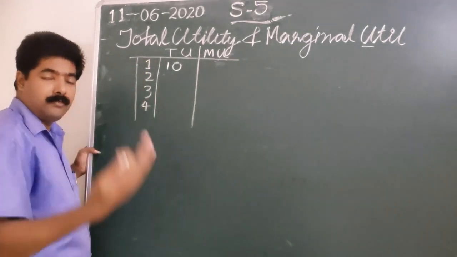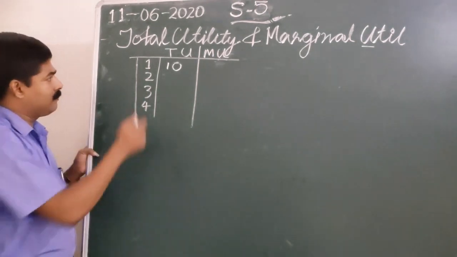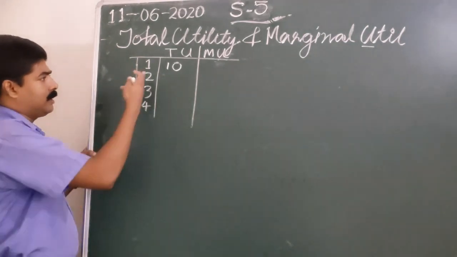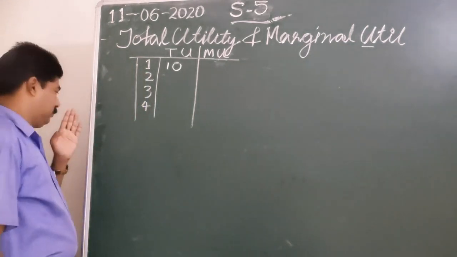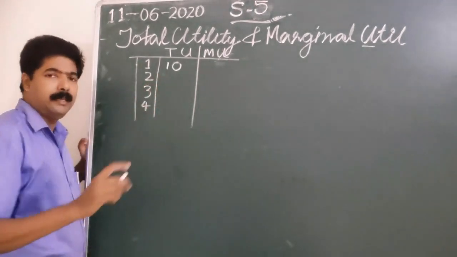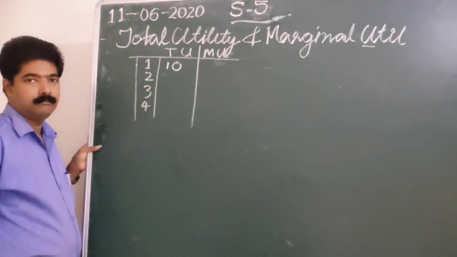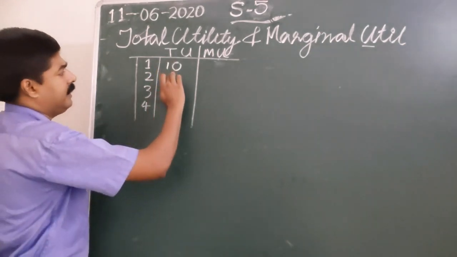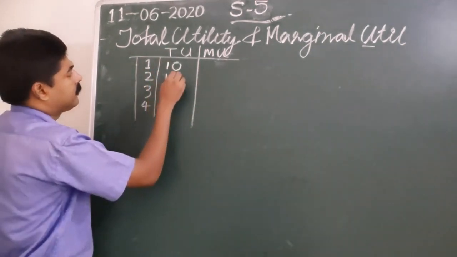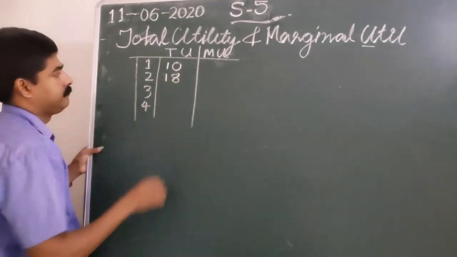Similarly, when my consumption continues and one more commodity is consumed, my total utility must increase. So my total utility increased from 10 to 18.